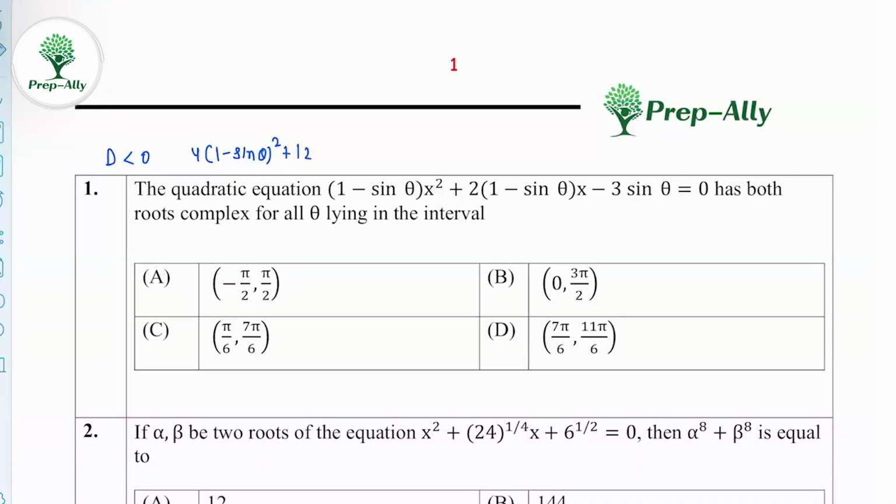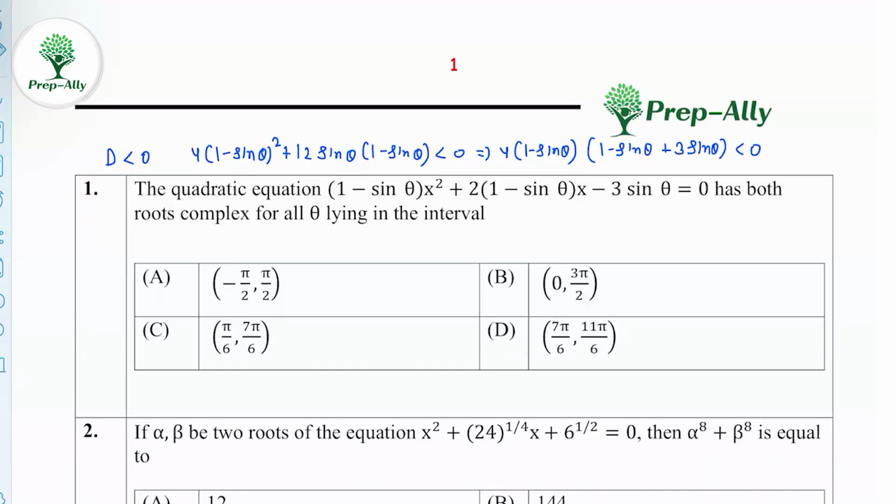So 4 into 3, 12 sine theta. 1 minus sine theta should be less than 0. I can take 4 times of 1 minus sine theta common. What will you get? 1 minus sine theta plus 3 sine theta should be less than 0.